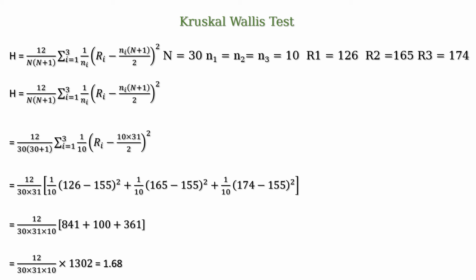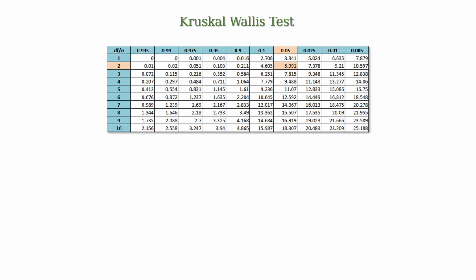H is equal to 1.68 after calculation. Now, we will look into the chi-square table to get the critical value. The degrees of freedom in this case is the number of groups minus 1, that is 2 in our case.